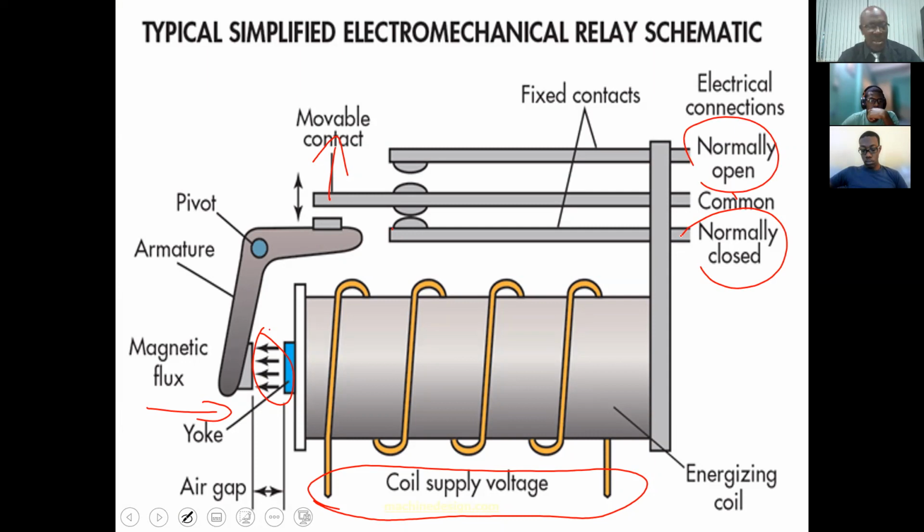And I'm going through all of this in a little more detail because there are some operations that we'll look at later on where all of these fundamentals will come up again. So this is your electromechanical relay setup in terms of moving parts.